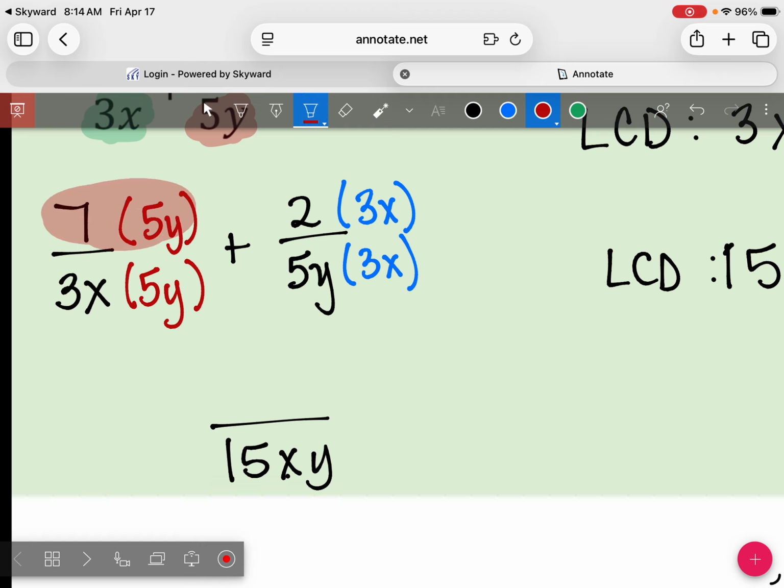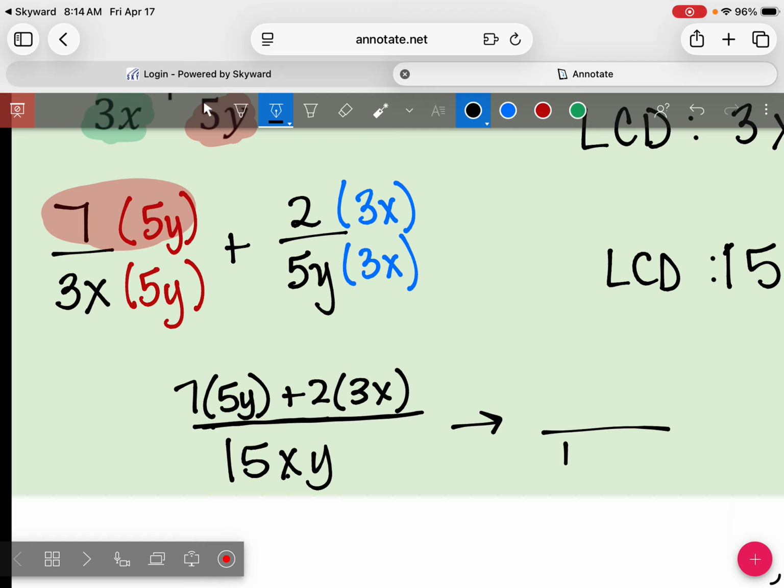Multiply 7 times 5y, put that on the roof, plus 2 times 3x. And see what you get.